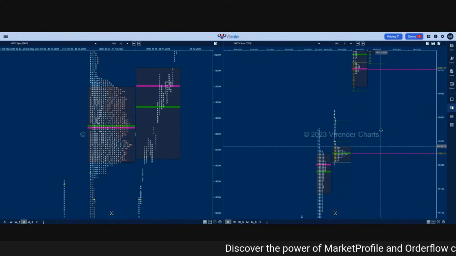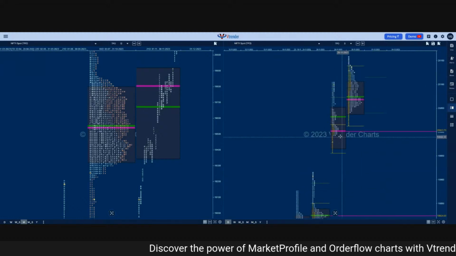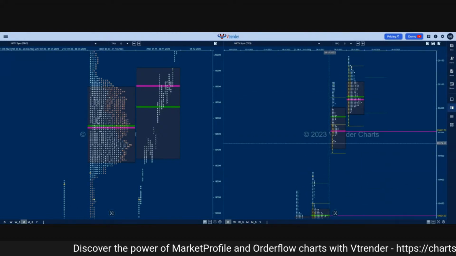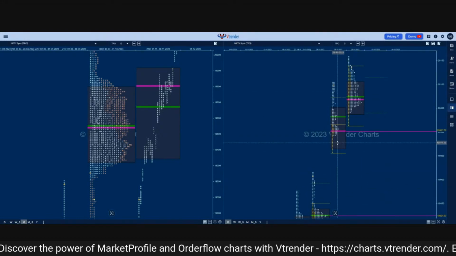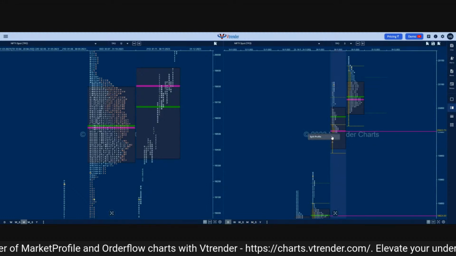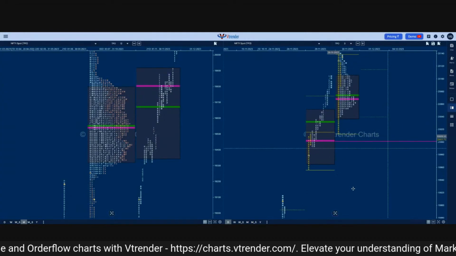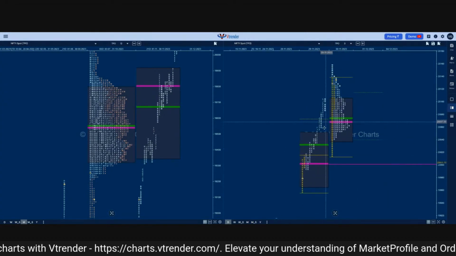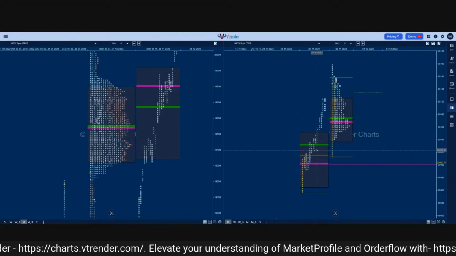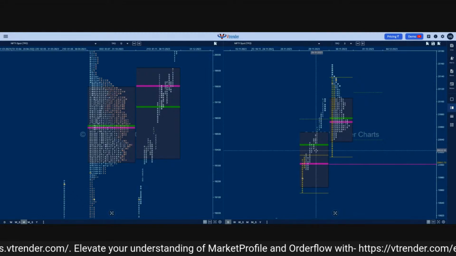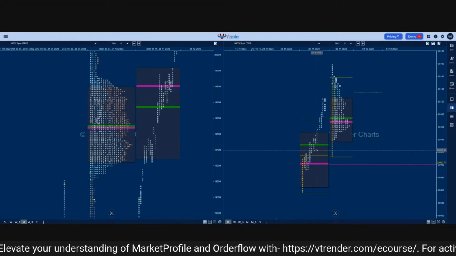So once we did this neutral extreme, the very next day we got this big elongated profile on 29th, which was more like a trend day. And we went on to enter that gap zone which we had left after the Ganesh Chaturthi highs we made on September 15th.